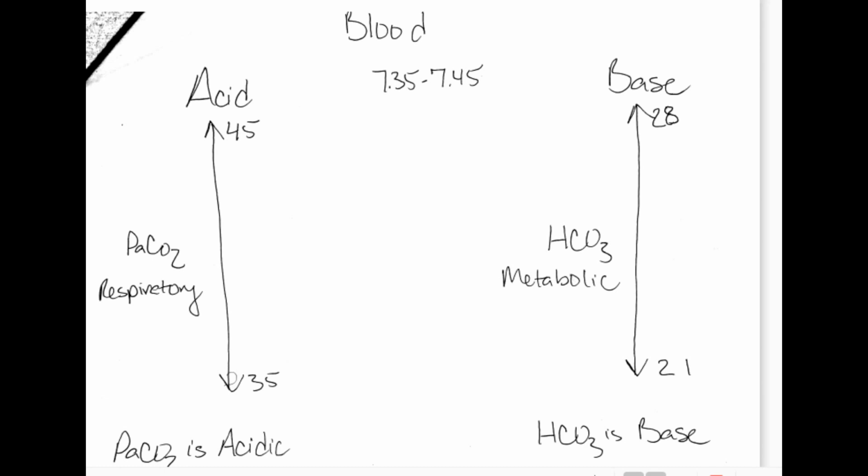Now our bicarbonate is naturally alkaline, it's naturally base, but it has to stay between 21 and 28 to be in perfect harmony with our carbon dioxide, so that we won't become too alkaline. If the bicarbonate is too much, it creates an alkaline environment for our blood, and we're going to jump higher than 7.45, or a shift to the right.